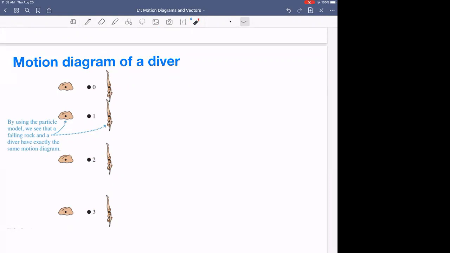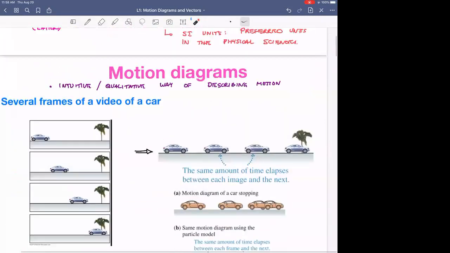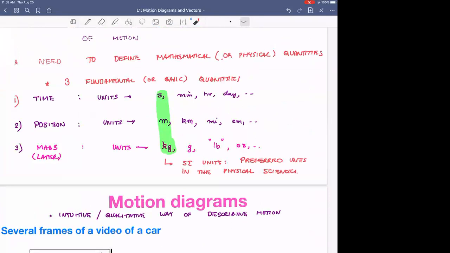Now, one thing that I forgot to mention when I talked about the fundamental quantities: when we were talking about motion diagrams, we started talking about speeds, and you might say, well, where is speed in this?